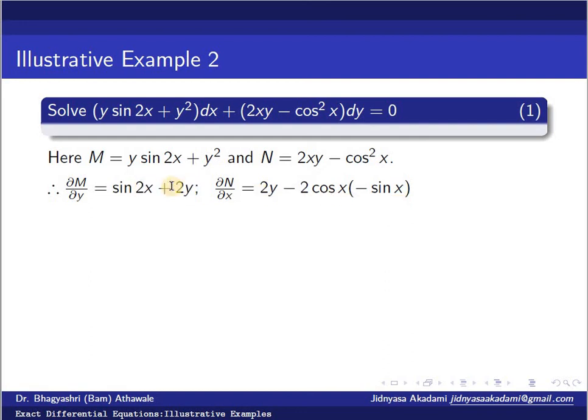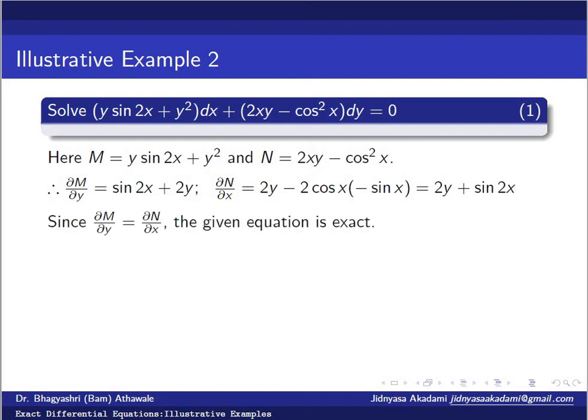As it is, they are not equal, but we know that 2 cos x sin x is nothing but sin 2x, a trigonometric identity. So using that identity, del n by del x is 2y plus sin 2x, and then they are equal, so the differential equation is exact.